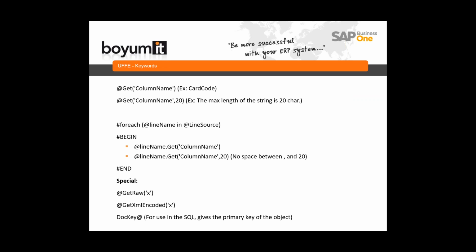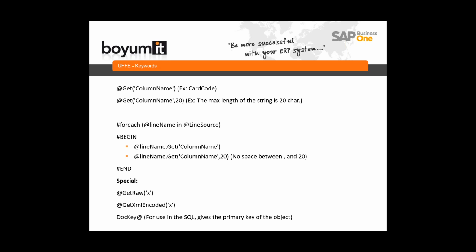Here I have a list of the different keywords that you can actually use in UFE. So as you saw, you could use the get syntax, but you also have the option to use the get syntax with a decimal like 20 or an integer like 20, and this will actually tell UFE that it should substring what it inserts.